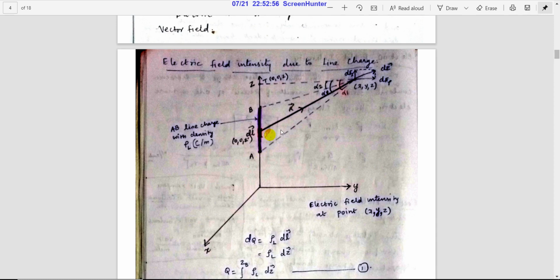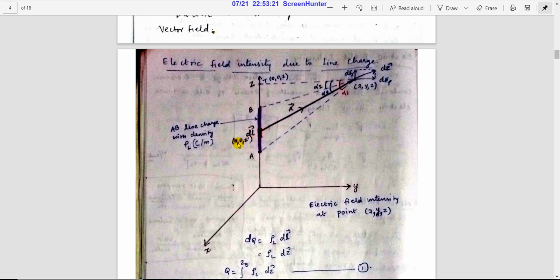The electric field can be defined for this line charge density at the point P, which is situated at a distance R from the line charge.